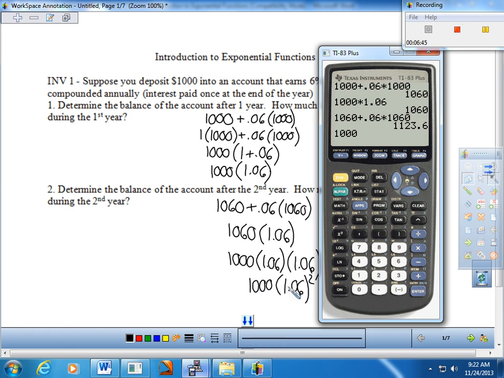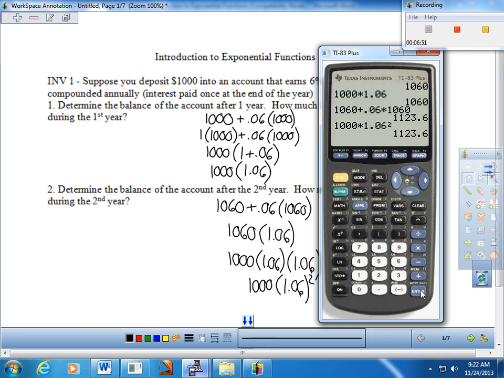We multiplied it by 1.06 the first year, then multiplied it by another 1.06 the second year. What do you think, everybody? Should it work? Yeah. Let's put a little multiplication right in there. And we've got it. And notice we get the exact same number.